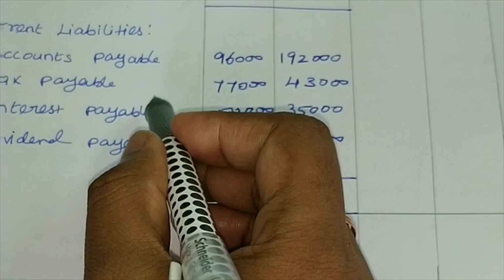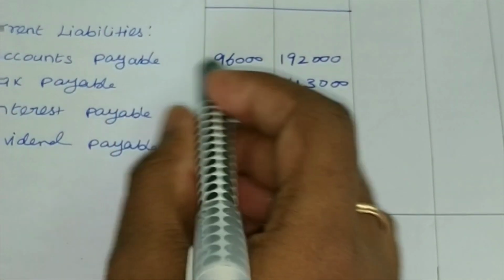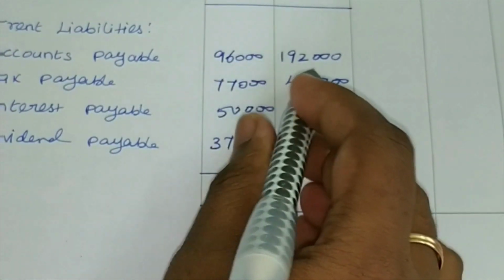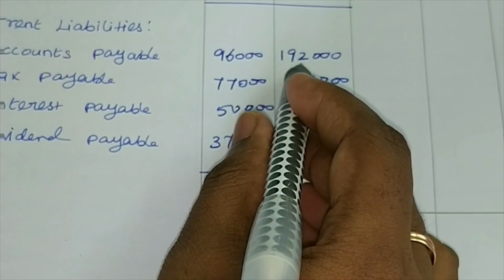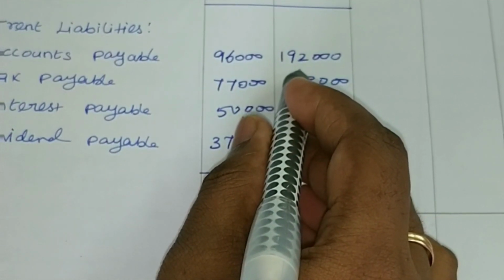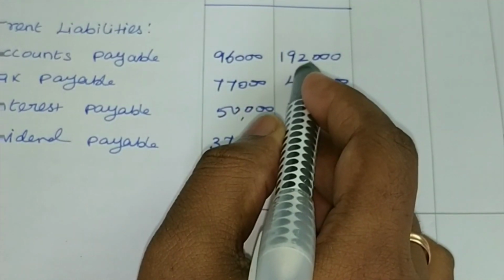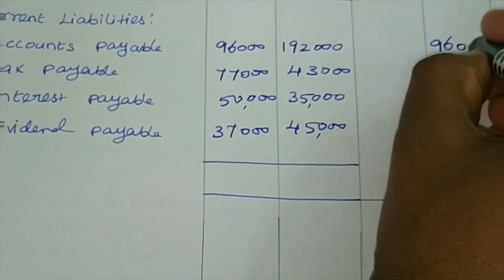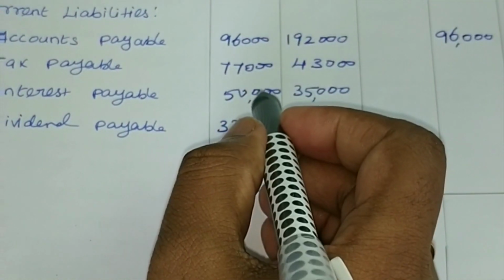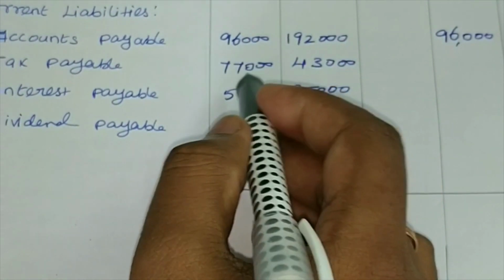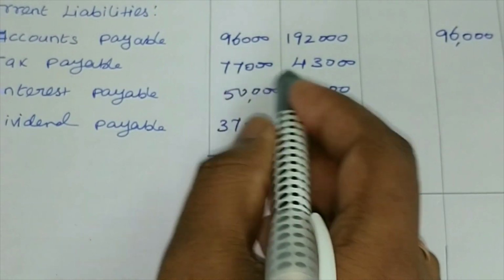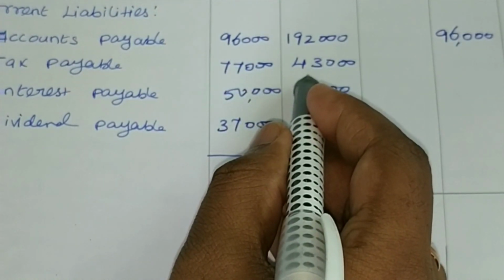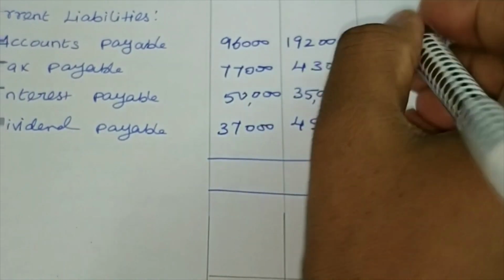In current liabilities, accounts payable in 2015, 96,000. In 2016, 1,92,000. So increased 96,000 in the year 2016. But that should be posted in the decrease column, 96,000. Then tax payable in 2015, 77,000. 2016, 43,000. So 34,000 decreased.